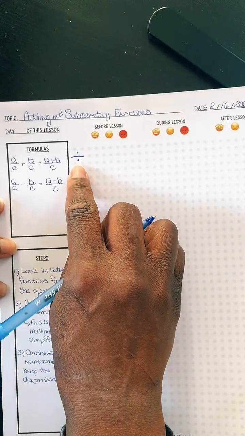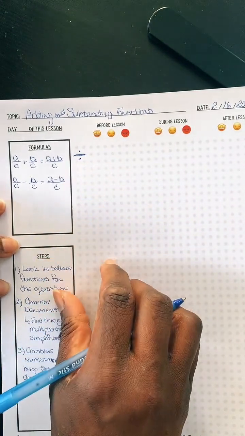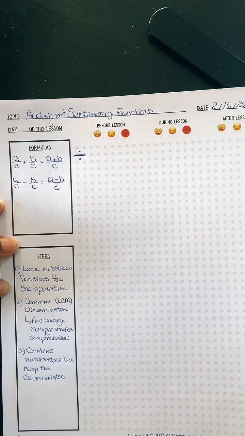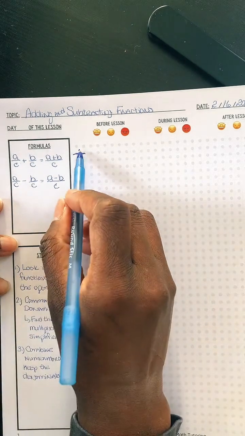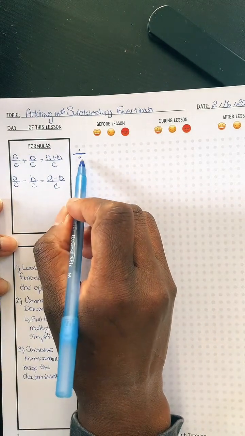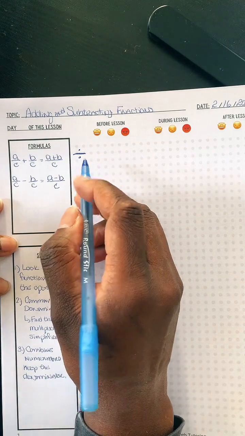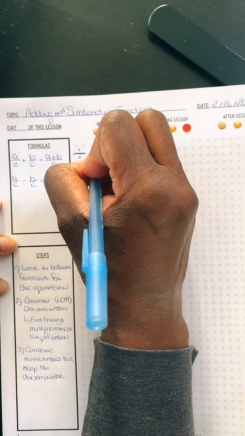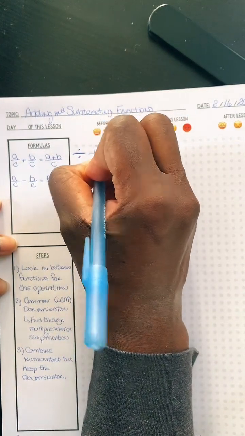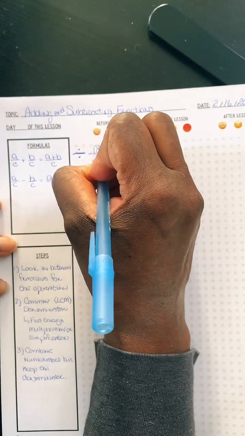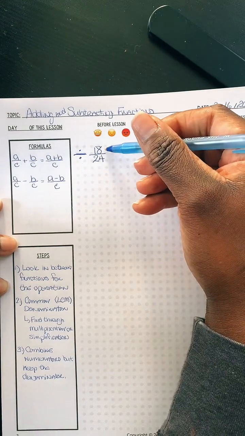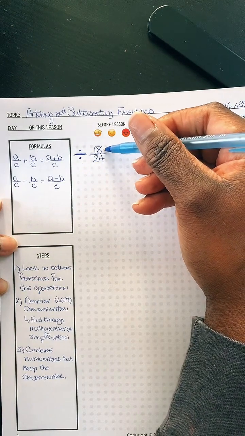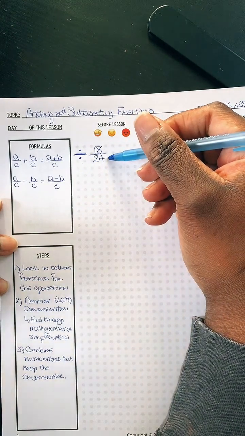Do you know what those two dots mean? These two dots mean numbers. So when I look at, say, something like 18 over 24, these two dots are representing numbers that are placed in what's called the numerator and the denominator.